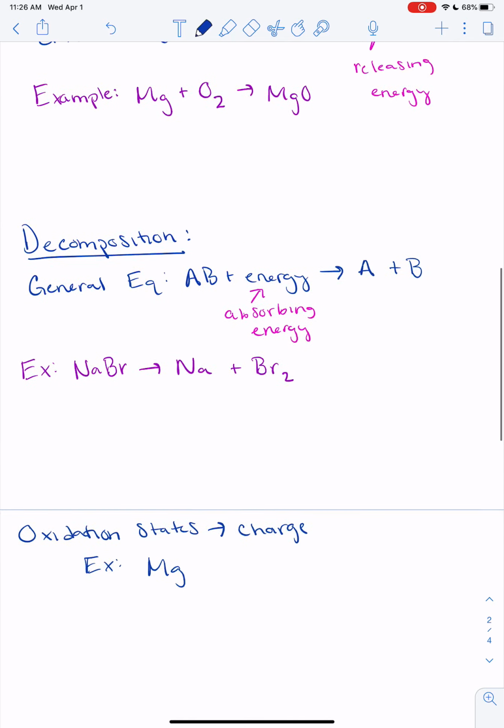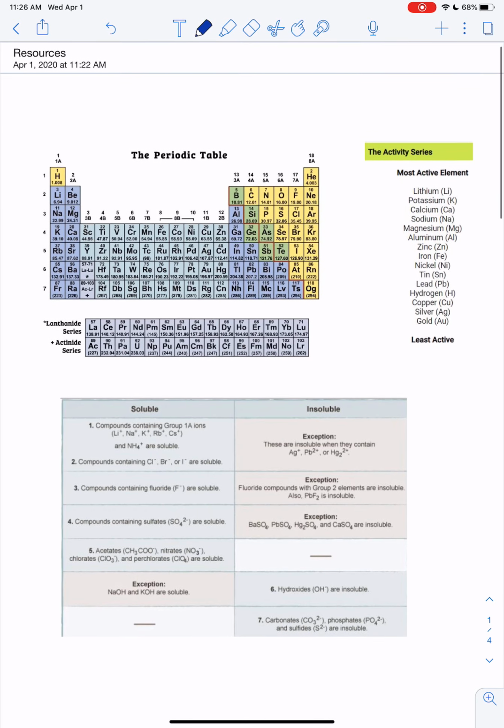So they speak about in the apex oxidation states. And oxidation states, for our purposes, is just the same as the charge. Okay, so for example, if we have magnesium, let's look back on our periodic table here.